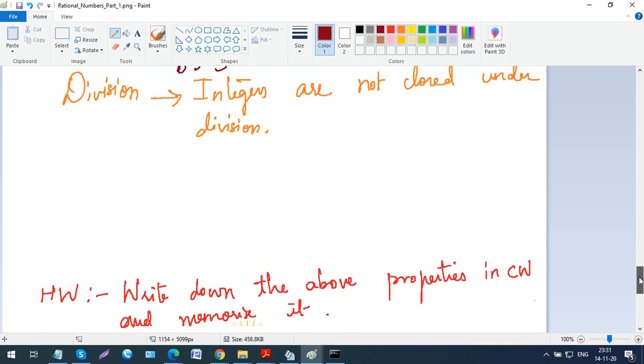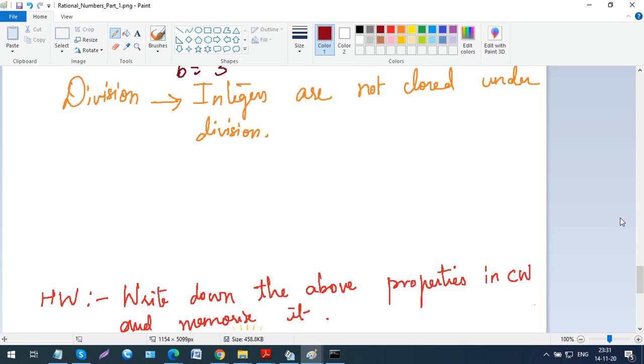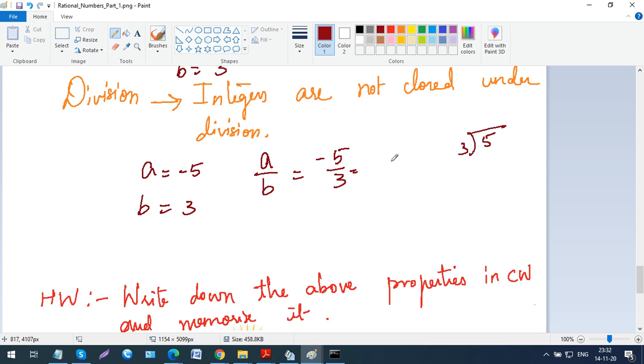Now let's look at the division part. What happens with the integers? When you're taking two integers, let us take A equals minus 5 and B equals 3, and you're dividing them. So if you do A by B, you are getting minus 5 by 3. It's not divisible, right? You're going to get a decimal answer. See, if you do 5 divided by 3, the minus is not a problem because all negative numbers also come under the integer category, but there should be a proper number, not a decimal answer.